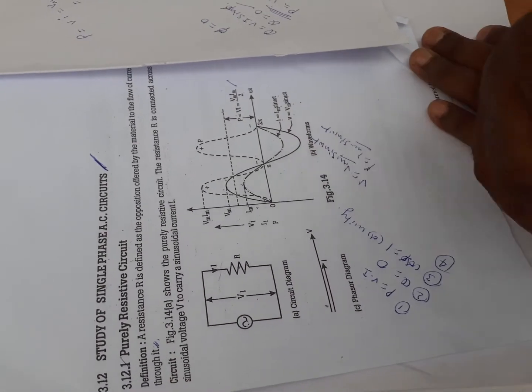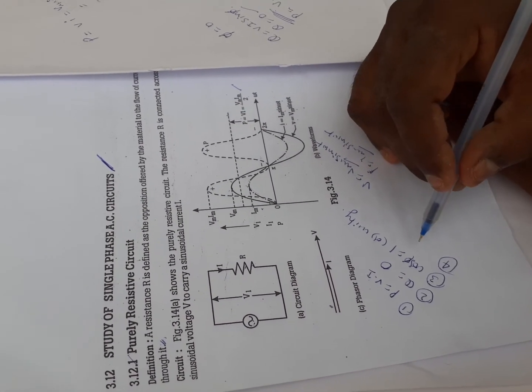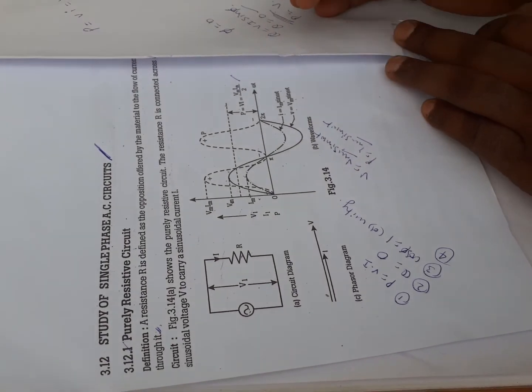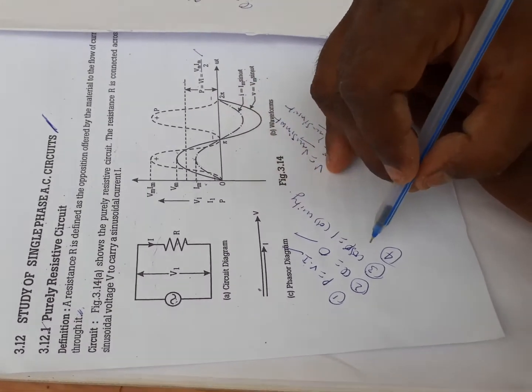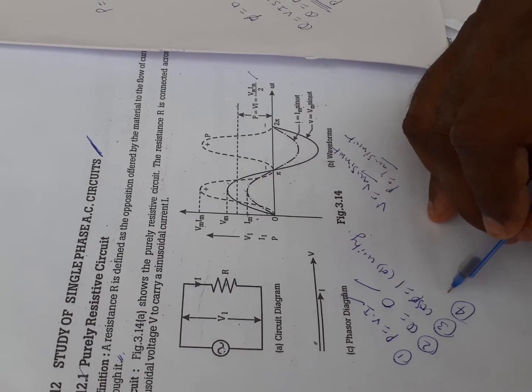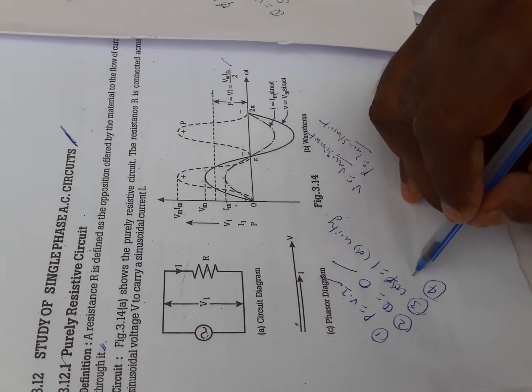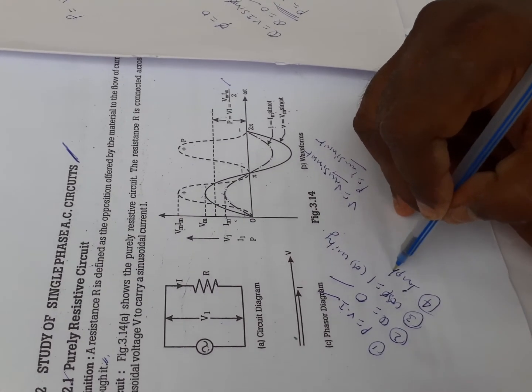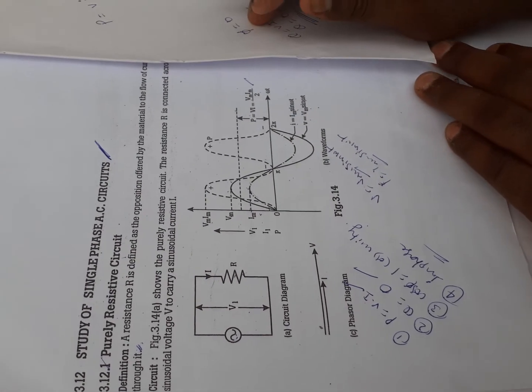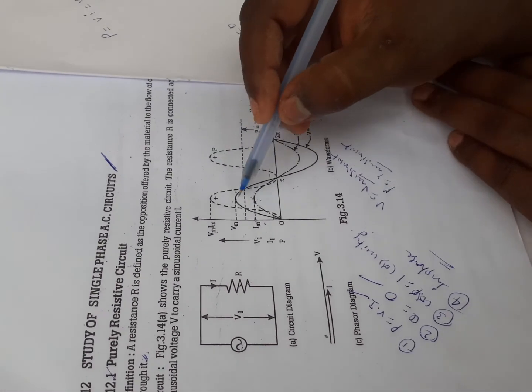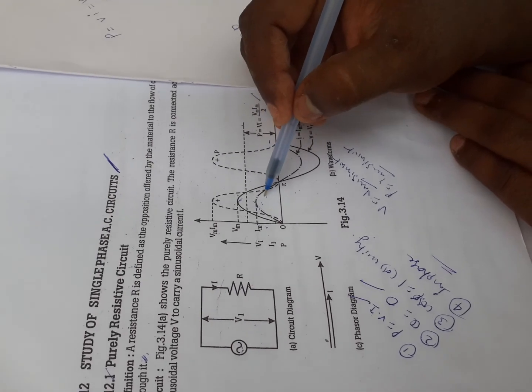And the fourth one is that voltage and current are in phase. That means both voltage and current are in phase. Okay. Thank you.